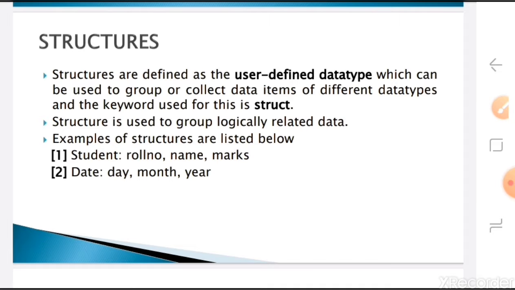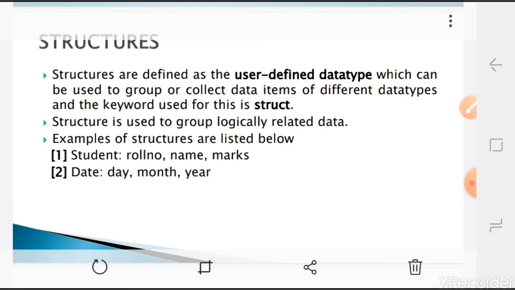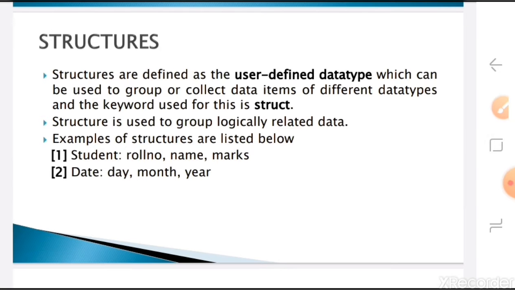Okay. It's almost the same as an array, but in an array there is a collection of similar type of elements, whereas here we collect elements of different data types together. In an array, normally we define int a[10], so there are 10 elements of integer data type.